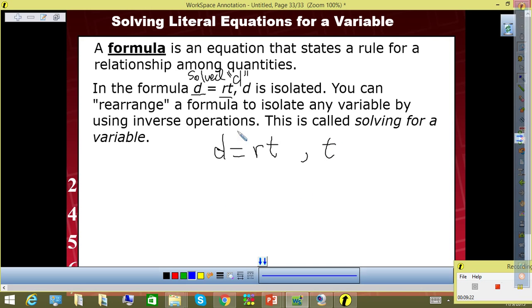This is what you would do. Line down the equal sign, pay attention, or you're going to miss it. This is going to go pretty fast. What's next to the T? What operation? So the inverse is divide. We're left with D over R equals T, and now it's solved for T.